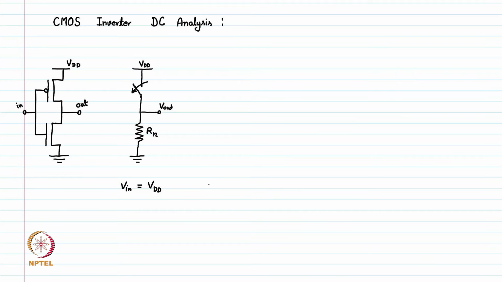However, if we apply a low input, let's say V in equal to 0 or ground, then the equivalent circuit looks something like this. With 0 at the gate, the NMOS turns off, so the NMOS is now open, and the PMOS is replaced by a resistor.